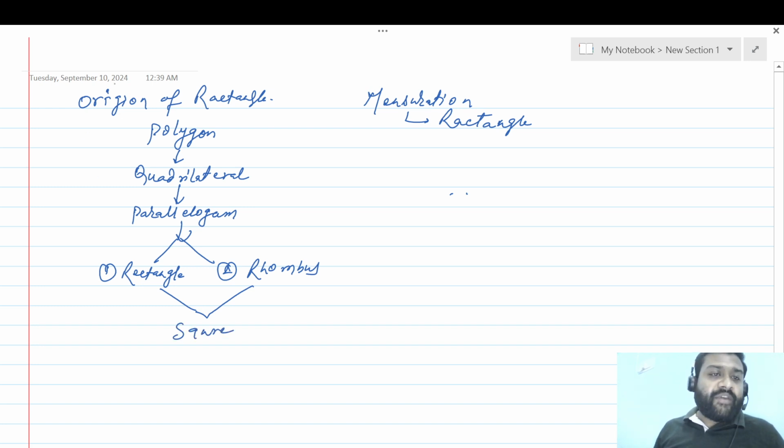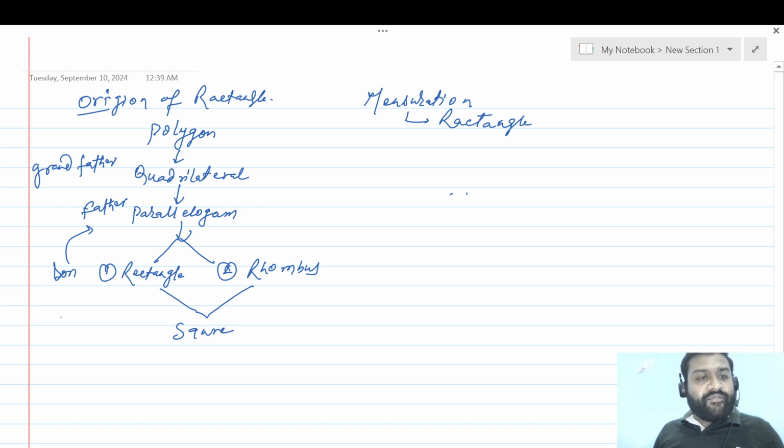In this family, we consider the rectangle as the son. If the son is the rectangle, the father will be the parallelogram, and the grandfather will be the quadrilateral.